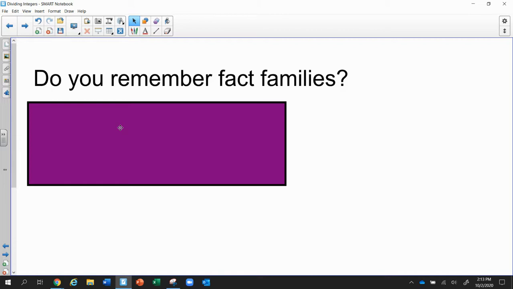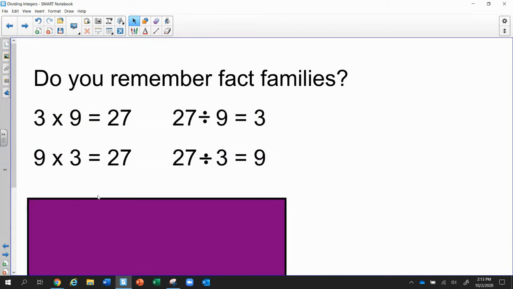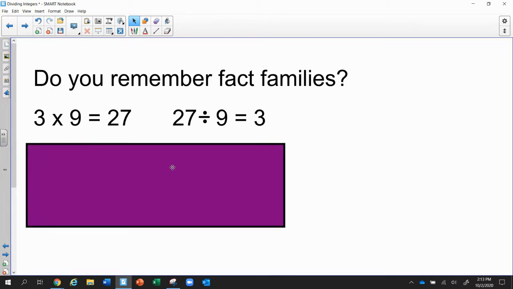If you remember fact families, probably from elementary school, we take three numbers, we take a math fact. So we take, let's say, 9 times 3, or 3 times 9 equals 27, right? Now we can rewrite three other true facts using those exact three numbers. So 3 times 9 equals 27.